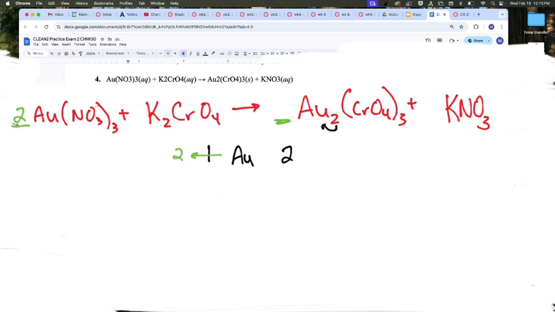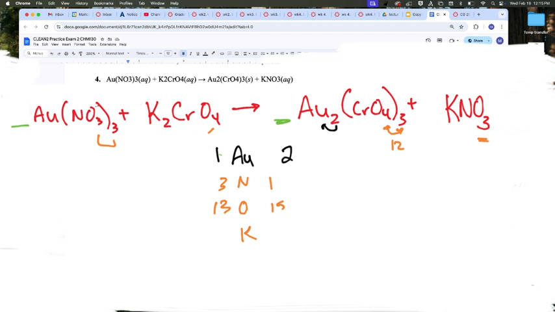What I frequently see students doing, we'll backtrack it, is going through and doing something along these lines. Well, I've got 1 gold, 2 gold, I've got nitrogen, I have 3 over here, I have 1 over here, I have oxygen, 9 and 4, 13? 3 and 4 gets me 12, plus another 3 gets me 15.